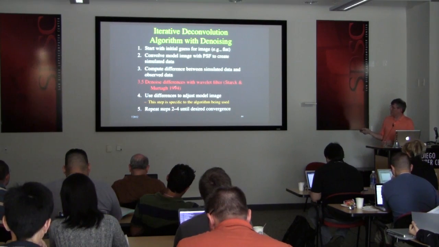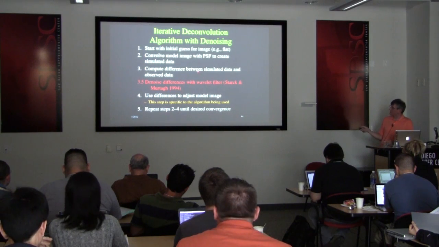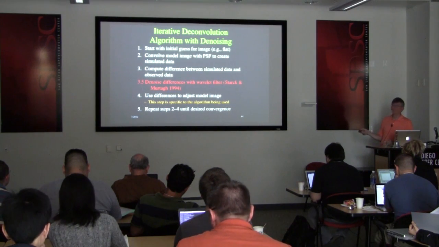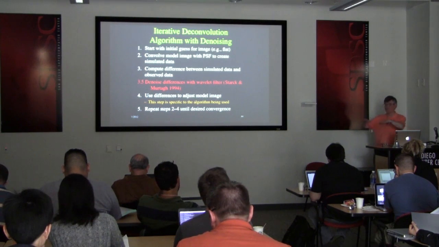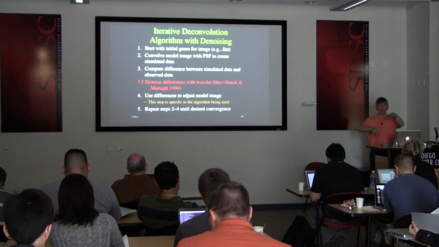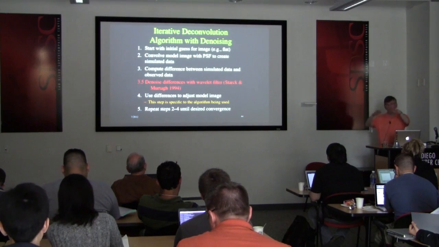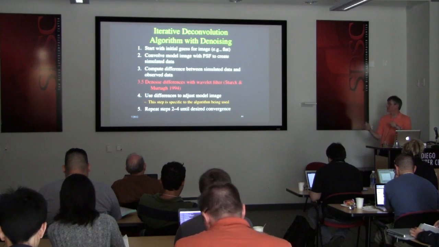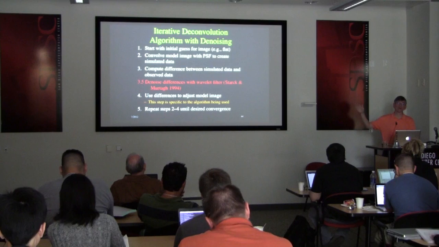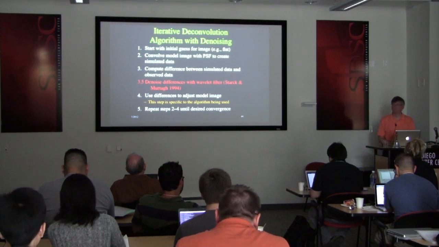An easy thing to insert here is denoising the differences using a wavelet filter. You use one of these wavelet shrinkage approaches: you take that difference image and squeeze the noise out of it, so you're left with only significant structures, and then you proceed with your algorithm exactly as before.